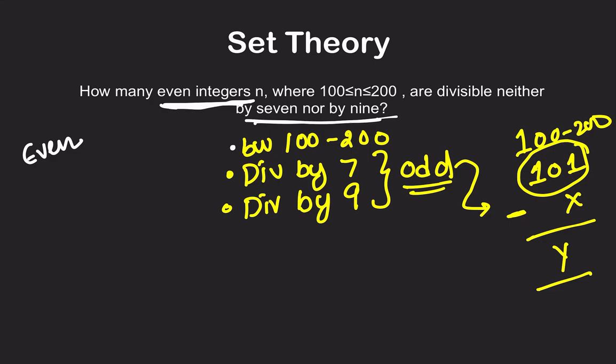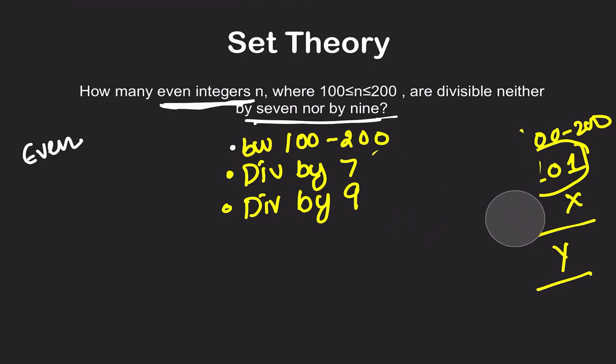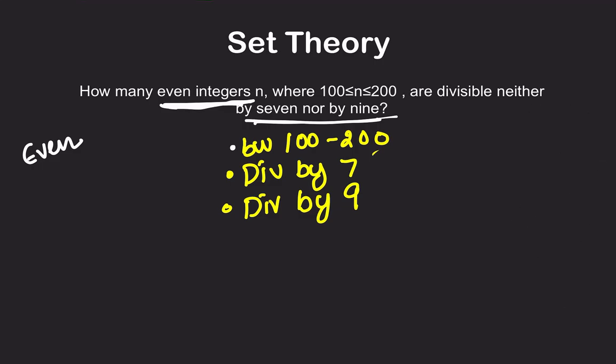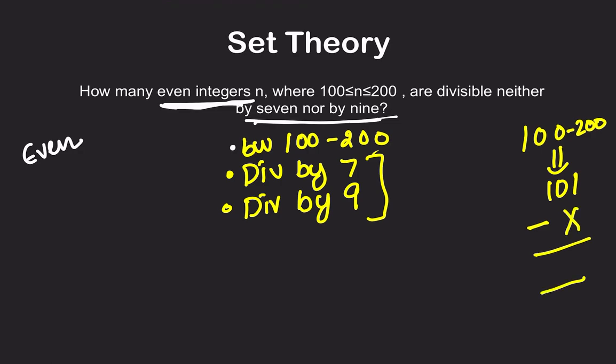Sorry. Let's remove the odd part for now. We'll consider that later. For now, just imagine I am only considering numbers which are divisible by 7 or 9, between 100 and 200. So all the numbers between 100 and 200 means a total of 101 numbers. If we subtract all the numbers which are divisible by 7 or 9, you will get all the numbers which are not divisible by 7 or 9.